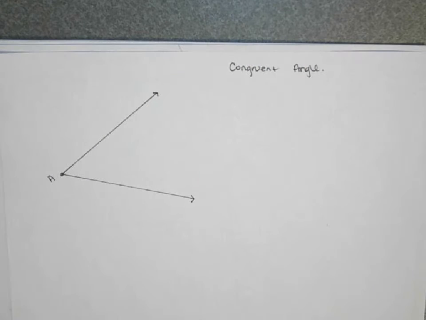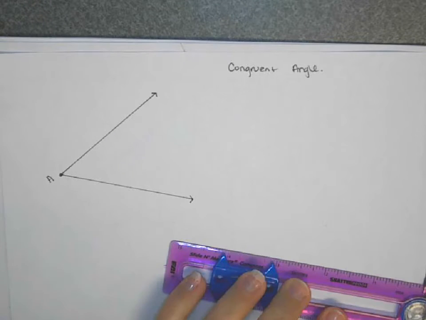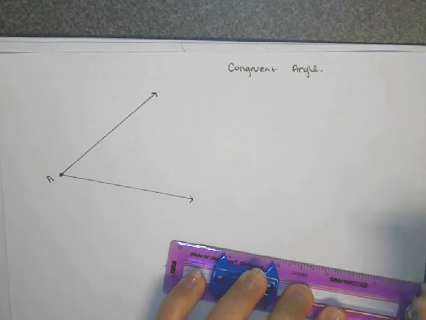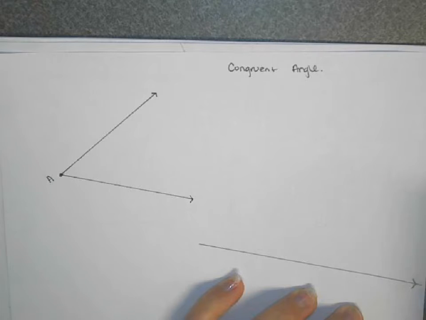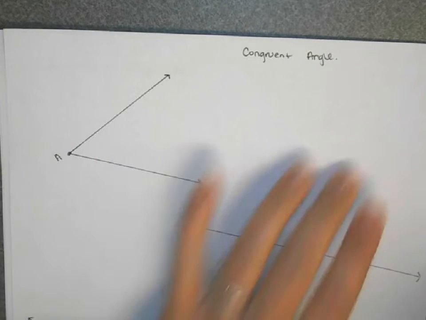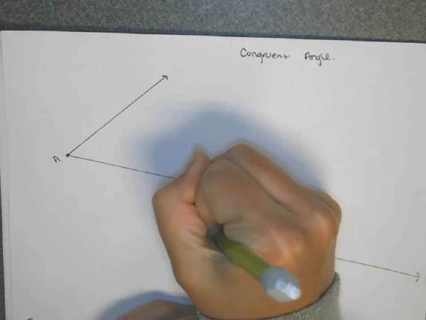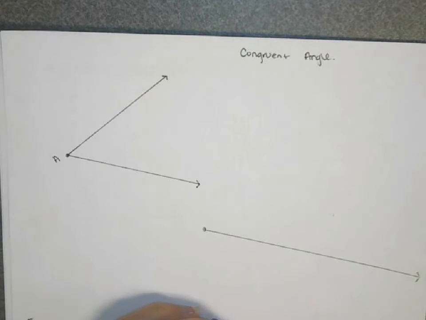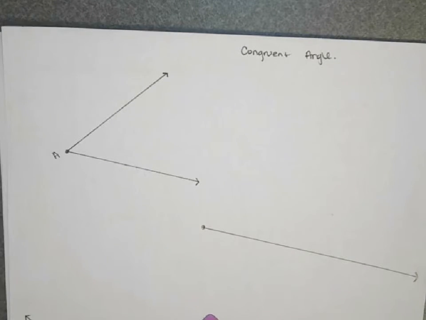So again, I'm going to be constructing something new. So since I'm going to be constructing something new, I'm going to start with a ray. Since that side was a little messed up, I'll make that my arrow end. Fix that. This end would be an endpoint. So you always start with a ray if you're constructing something new.